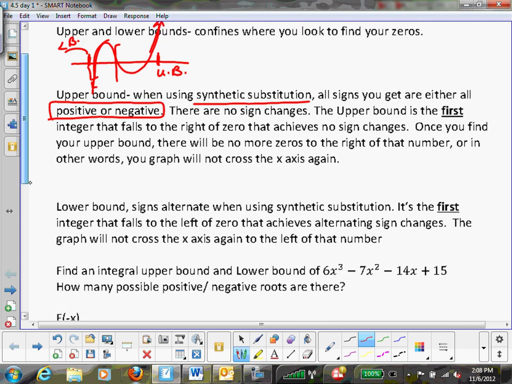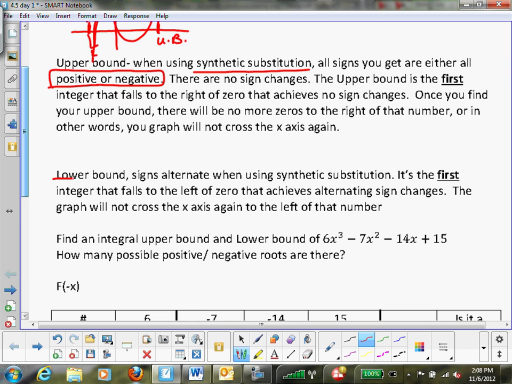Okay, the lower bound. If you found the lower bound, you want it to have alternating signs. So if the first answer that you get when you do synthetic division is positive, the next one's going to be negative, and then positive and negative, as we're creating our coefficients.